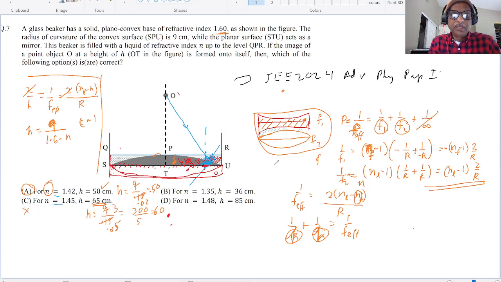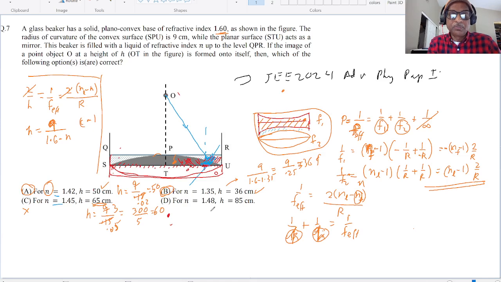And so B, this would be 1.6 minus 1.359, and so 9 over 0.25. So that's going to be 36, and that's correct. So that's okay.